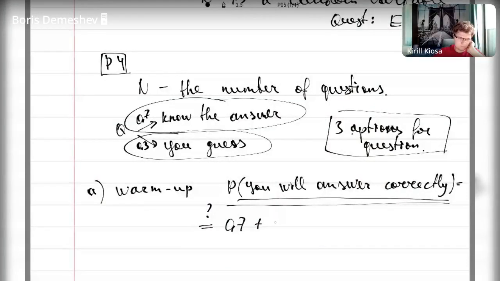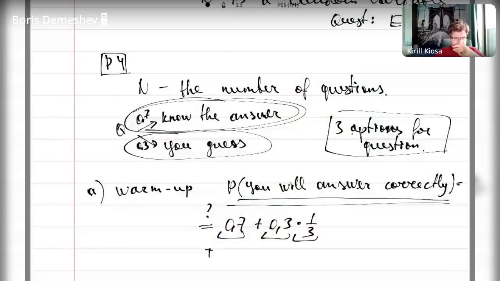And if you guess the right answer, then it just looks like 1? No. You know the answer with 0.7, plus 0.3 times 1/3. So you know the answer, plus you don't know the answer, but you need to have luck. Yes, right.